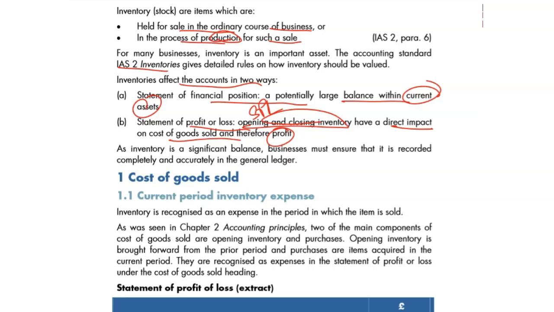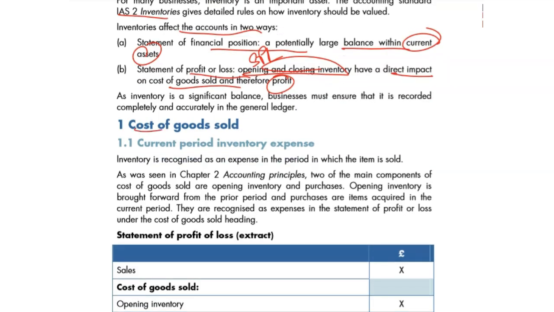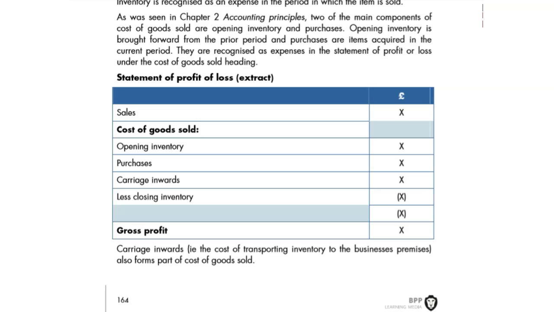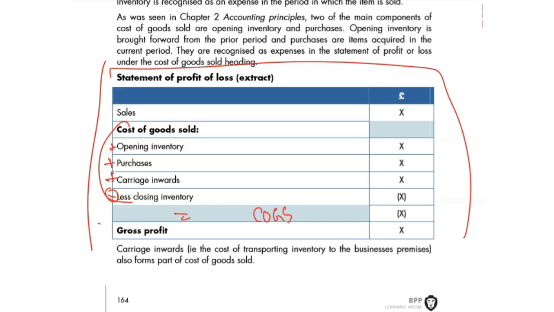We're going to check it out slowly and steadily, starting with cost of goods sold. Just taking it straight down, what is the cost of goods sold? Opening inventory plus purchases plus carriage inwards less closing inventory equals your COGS, cost of goods sold. This is a statement of profit and loss extract, trading account, mini income statement.